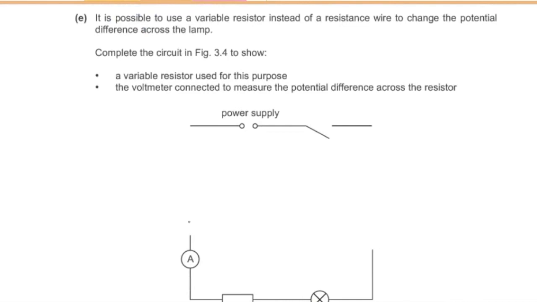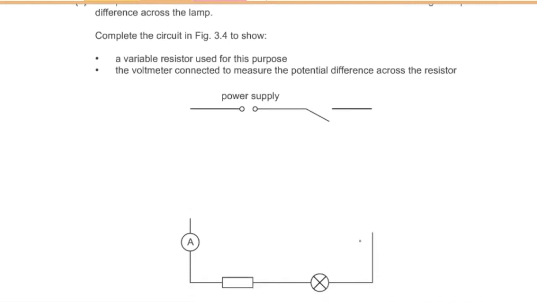Part E, it is possible to use a variable resistor instead of a resistance wire to change the potential difference across the lamp. Complete the circuit in Figure 3.4 to show a variable resistor used for this purpose, with the voltmeter connected to measure the potential difference across the resistor. Okay, so to change the PD across the lamp, we can connect a variable resistor in series with that lamp.